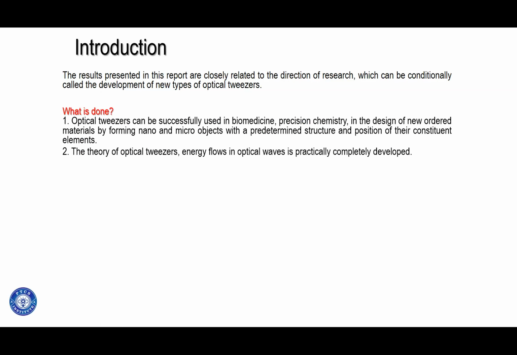I know that conclusions drawn from the results obtained by us don't claim any generality, and in fact, there are some estimates regarding the formation of energy flows in polychromatic waves. As to the coherent case, it can be stated that the theory of energy flows in optical waves is practically completely developed.